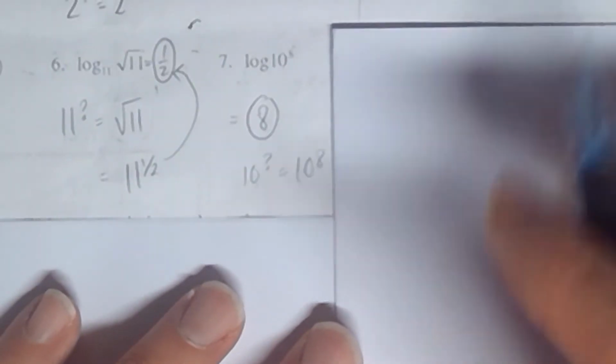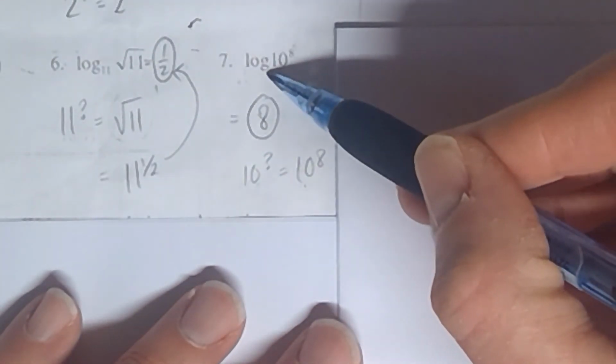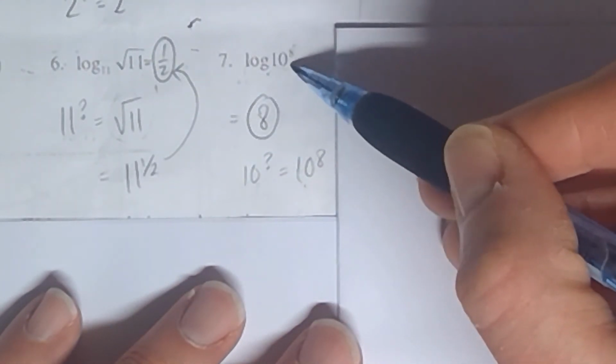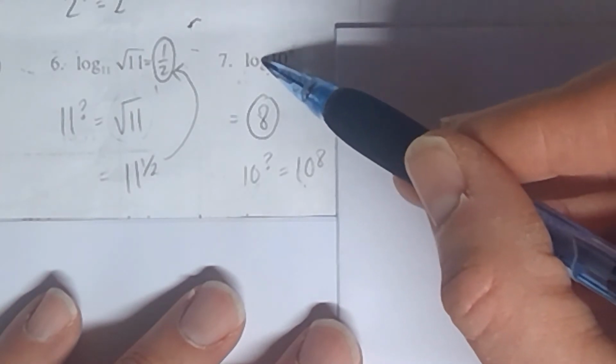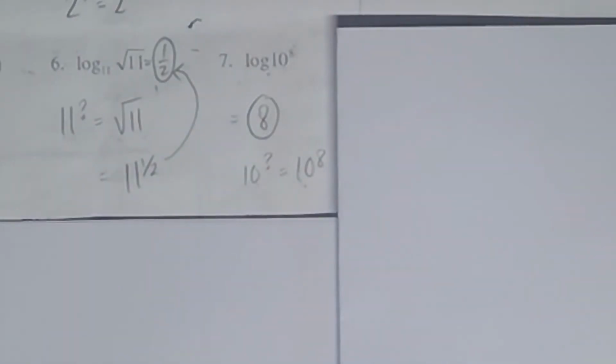Here's that property, and again, you could write it this way, the long way, or you could just realize that, hey, my base is the same as the base inside the product term. Okay, so you've got log base 10 of 10 to the 8th.